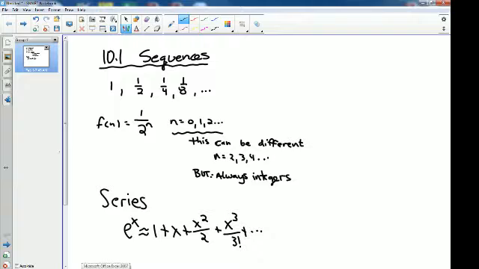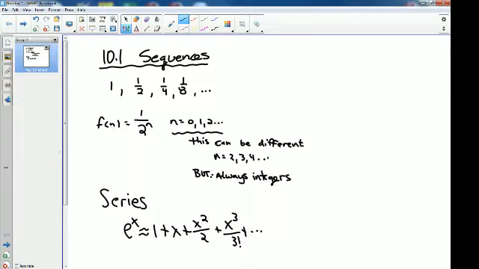So a sequence e to the n would be 1, 2, etc., right? But a series is these terms all added up. So the difference is a sequence is term by term, a series is the terms all added up. And we can approximate functions with series, polynomials or Taylor polynomials. We'll get into this more in the next few days, but today we're going to focus on sequences.